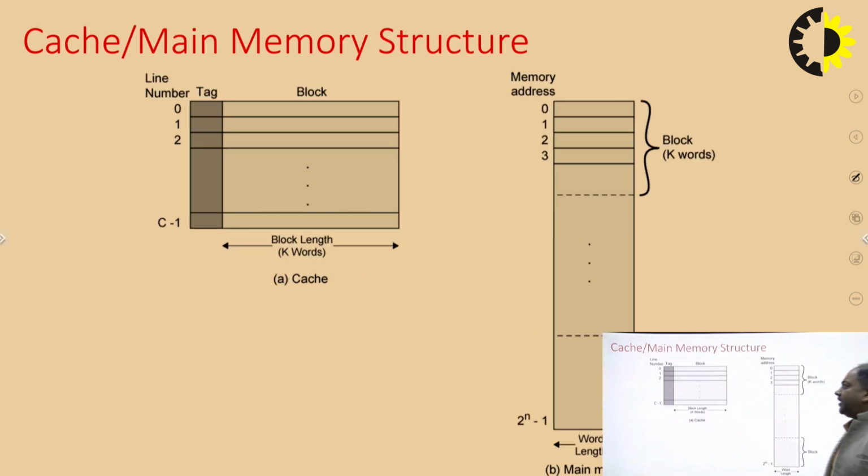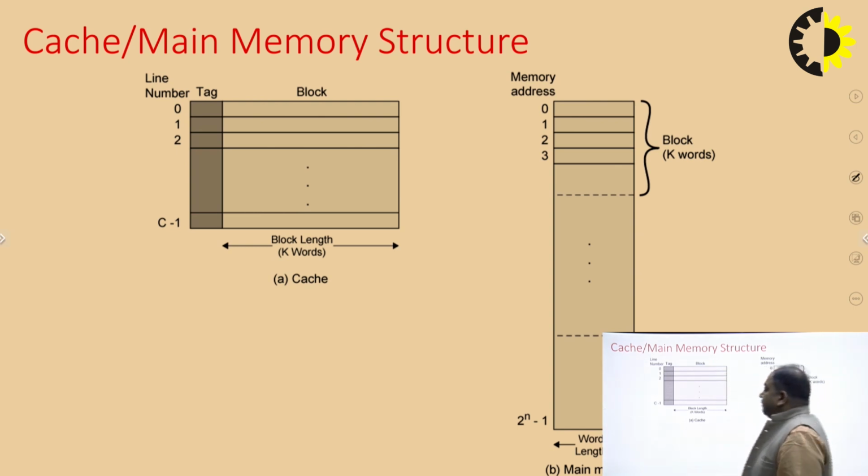Like you can see here in the diagram, the structure of the cache memory and the main memory. The cache memory contains blocks, and each block uses some bits for the tag. Depending on the structure and the mapping of the cache memory, the tag size varies.